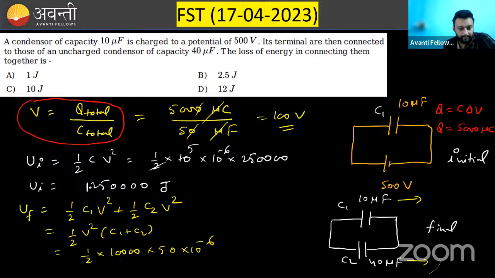If you solve it, this is again 25, and then four zeros.